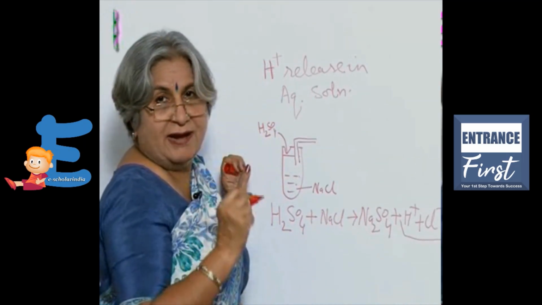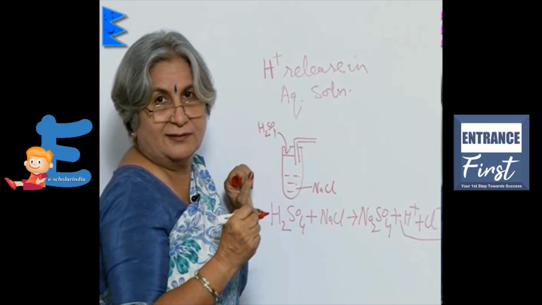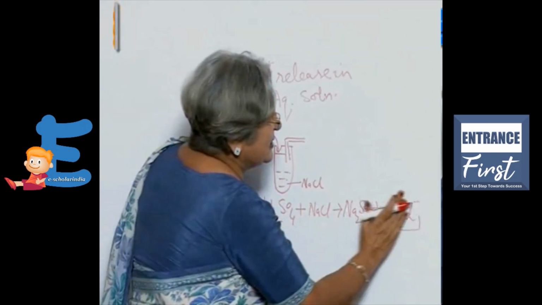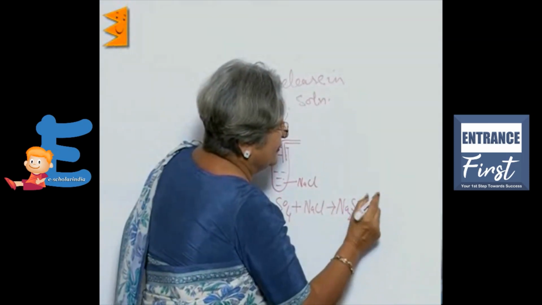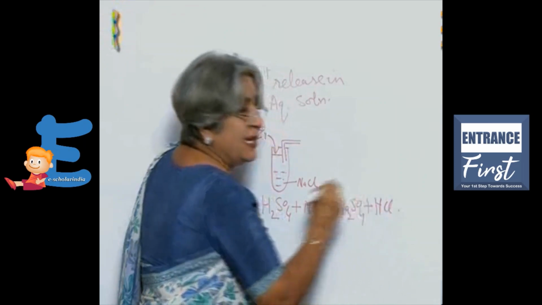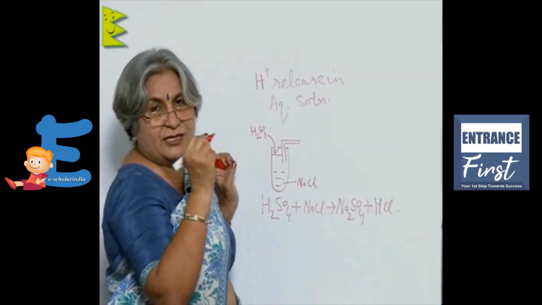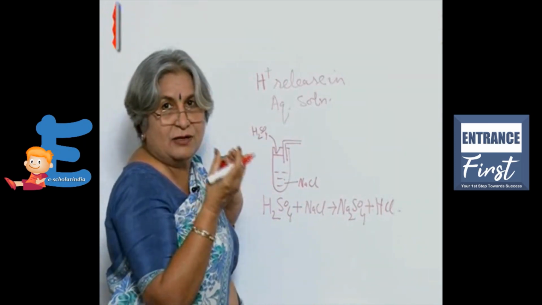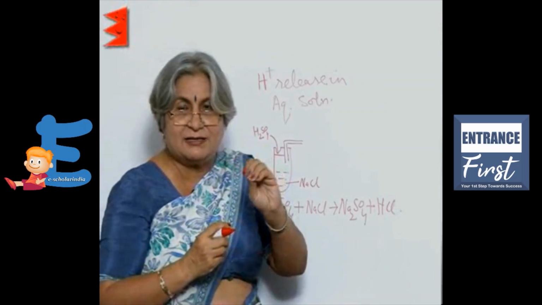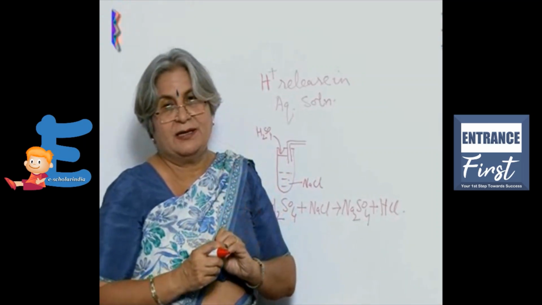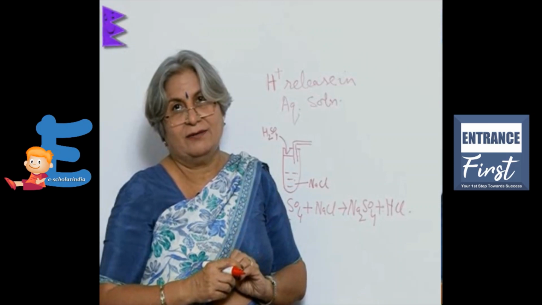Now if it is in dry state, it is not acidic. Then it is just HCl. But in the aqueous solution, the hydrogen ions are released, and that is what makes it acidic. And that is why the wet litmus paper turned red and not the dry one.